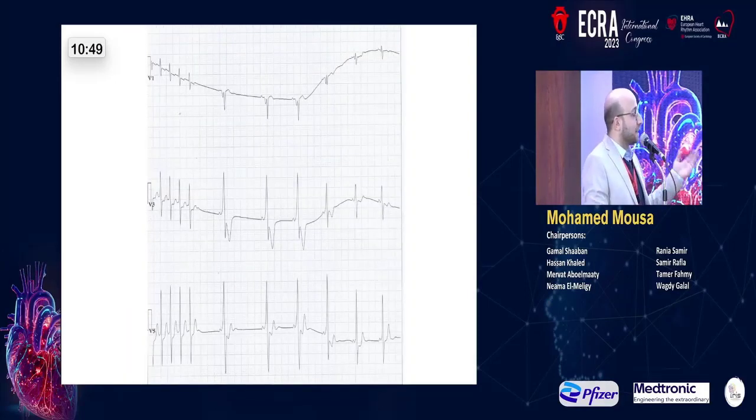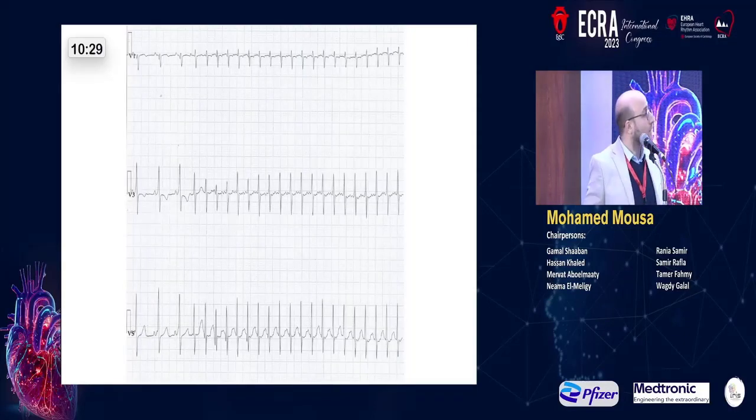It's just a manifest pre-excitation with a short PR and delta wave. This is termination of the orthodromic tachycardia through the accessory pathway. So it's a manifest pre-excitation and orthodromic tachycardia. At the beginning there were some P waves.